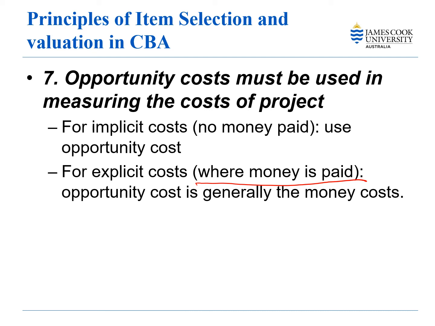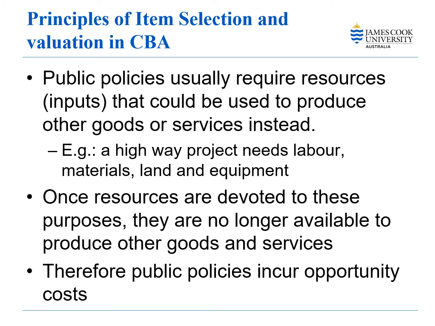In such a case, the opportunity cost is just this money cost, and usually we won't forget it. But for some items, it does not involve money flowing out of your pocket. So we commit these resources into this project. There's still opportunity cost, because otherwise we can use them elsewhere.